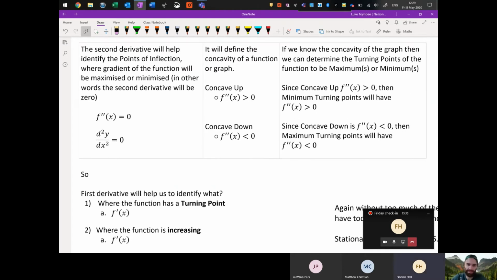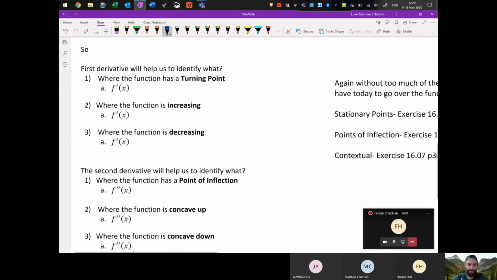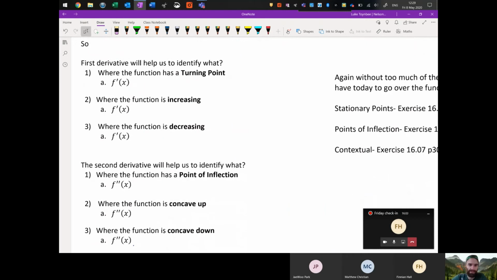The key thing you need to remember is concave up is when the second derivative is positive. Concave up is a bowl, which gives a minimum turning point. Concave down is your N-shaped graph, and it gives you a maximum. Up is your U, down is your N. So there's your little overview.